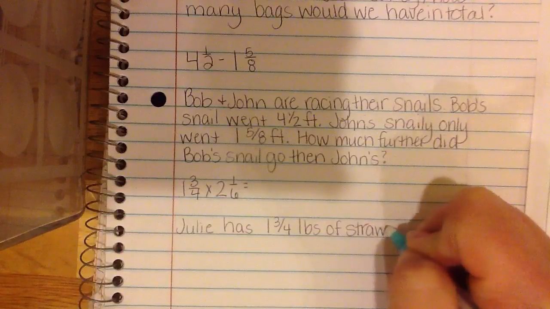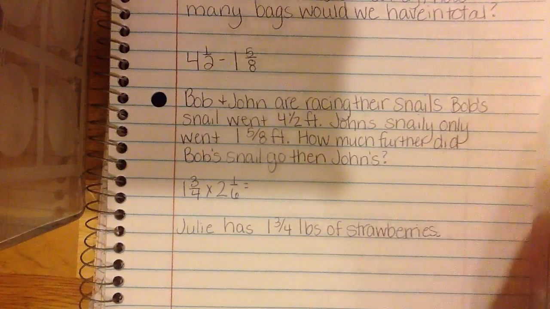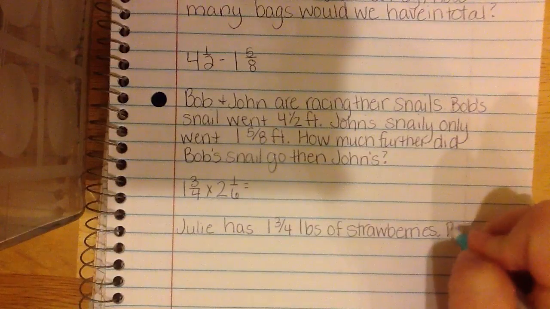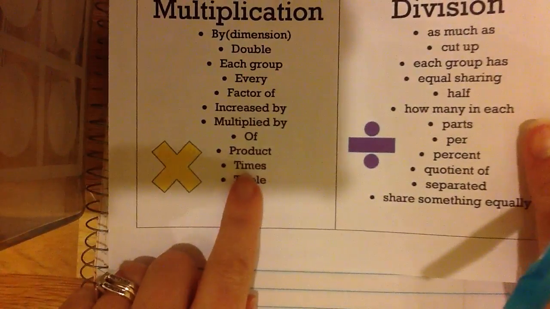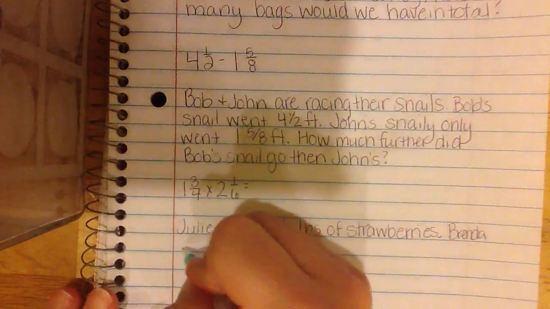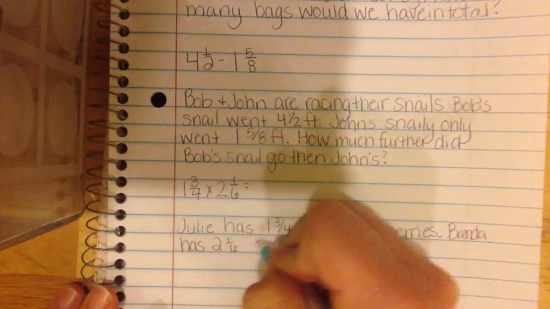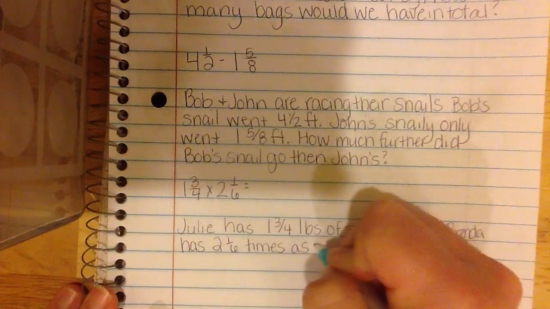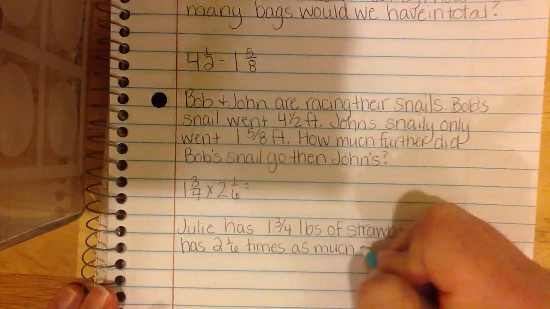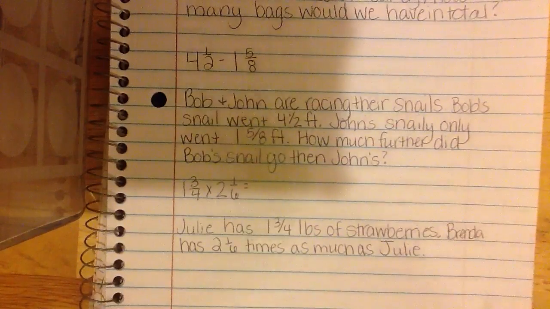Now Julie's friend, I'm going to pick a name for Julie's friend, Brenda. I'm going to use some of my action words here, has times as much. Brenda has 2 1/6 times as much as Julie.